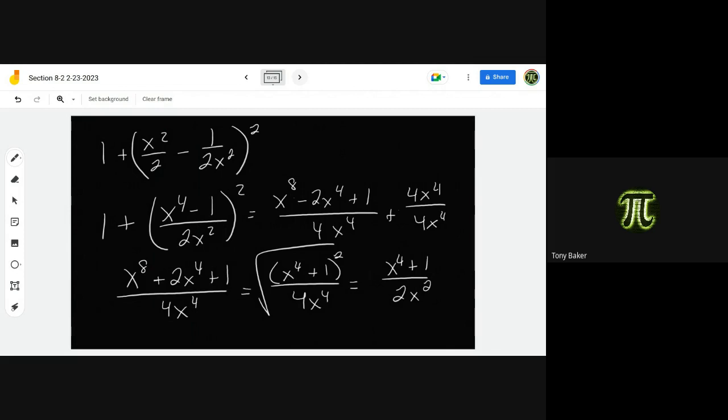I'm doing all this to clean it up so that I have something squared over something squared so I can get rid of the square root, because the square root is causing us trouble. We add an x to the 4th, we get 2x to the 4th. These are both perfect squares. And if you do that out, you do get the 2x to the 4th in the middle. So now that's squared over that squared. So I take the square root of that, and I no longer have a square.